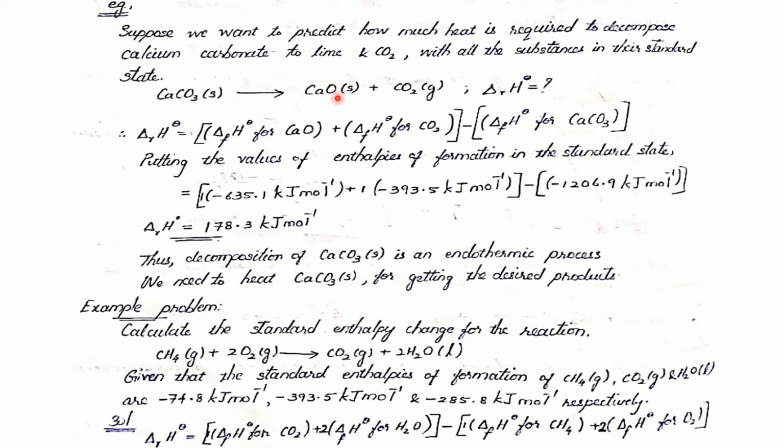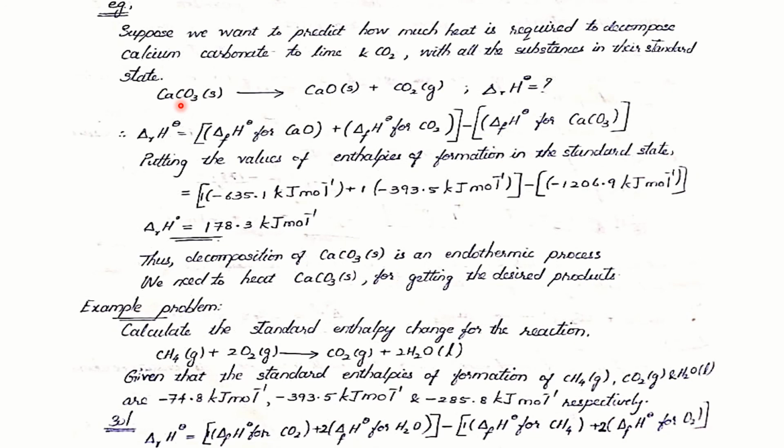1 mole of calcium oxide and 1 mole of carbon dioxide. So let us add the standard enthalpy of formation of calcium oxide with the standard enthalpy of formation of carbon dioxide. Also, we must not forget to multiply the standard enthalpy of formation of each product and reactant with its respective stoichiometric coefficient.